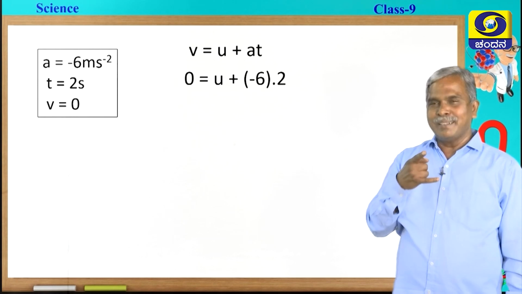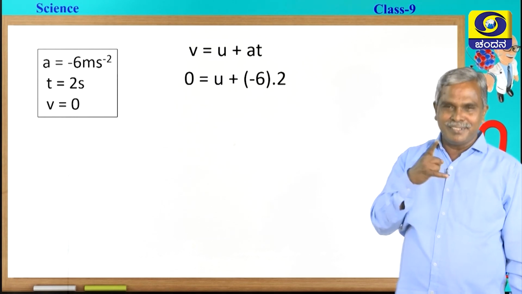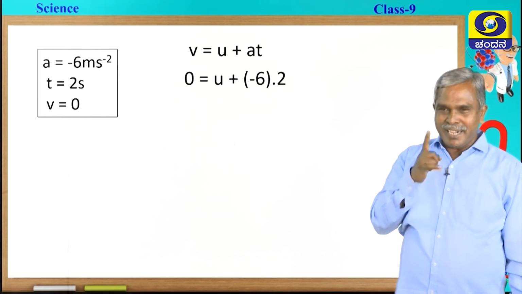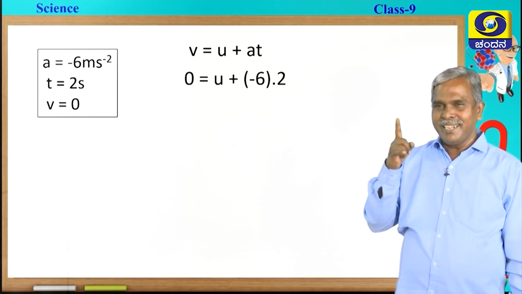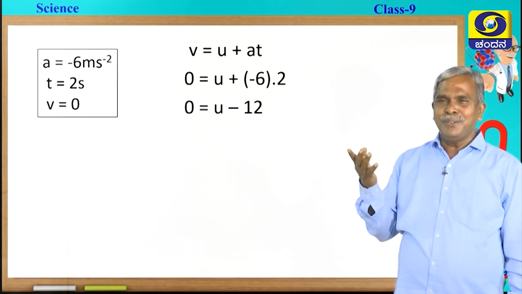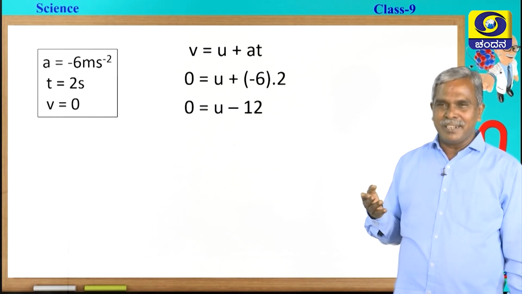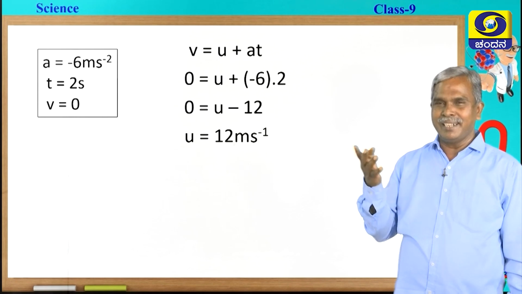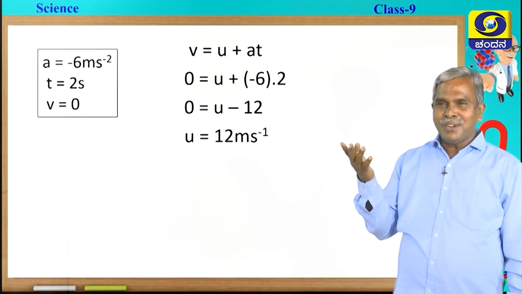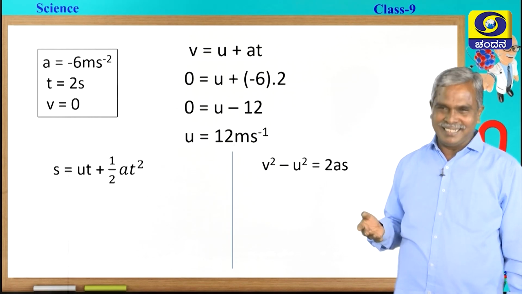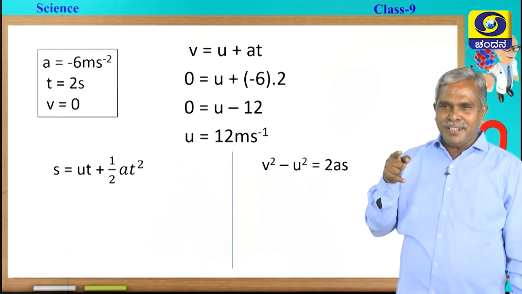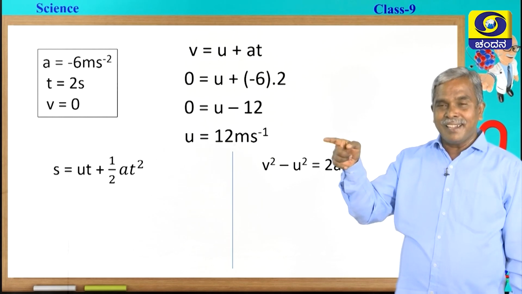Now, the next step is substitution. For v, 0; u unknown, write as it is; for a, minus 6; for t, 2. Now, you continue the same fundamental operations like multiplication, shifting, etc. Now, you finally got the value of u is equal to 12 meter per second. After finding u, what is our next task?